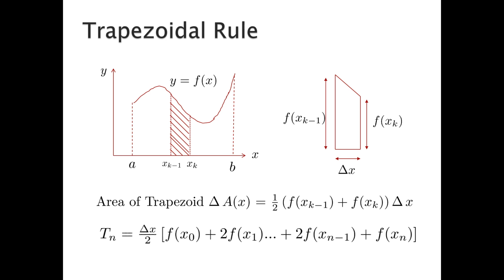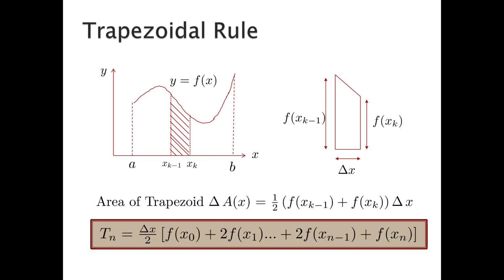So when you're done with all of that, you'll have the function at all these various points times my delta x, and also times the 1/2. The 1/2 comes from the 1/2 in the area of the trapezoid formula. So that looks more complicated to actually sit down and do, but this trapezoid rule is going to be a much, much, much better fit.